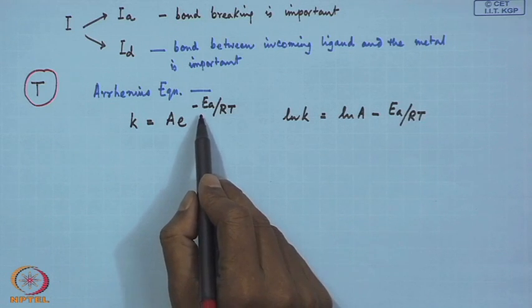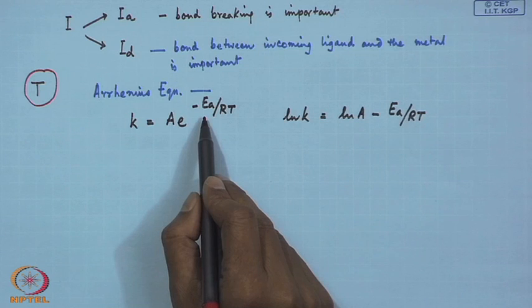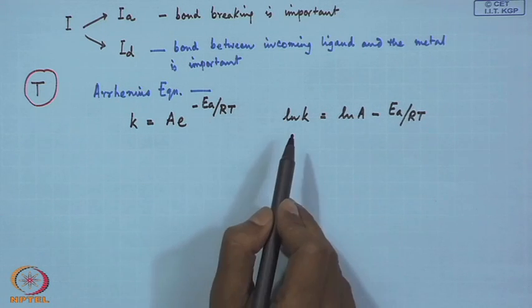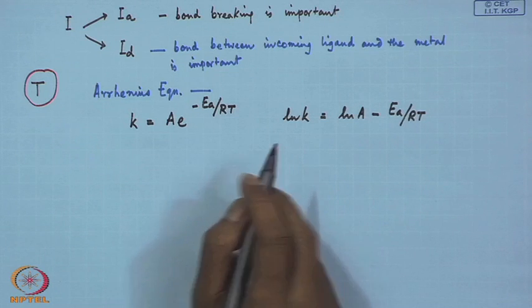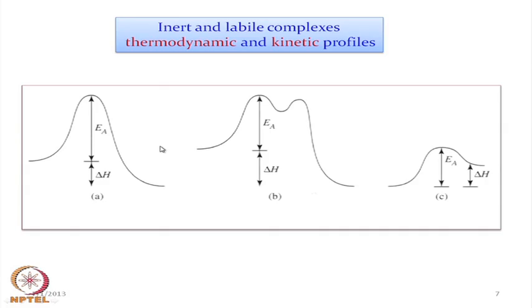How quickly we can cross the energy barrier, in terms of the energy of activation, gives rise to the rate of the reaction. So, we can have three different types of plots, depending upon E A, the energy of activation, with respect to the enthalpy of the reaction.